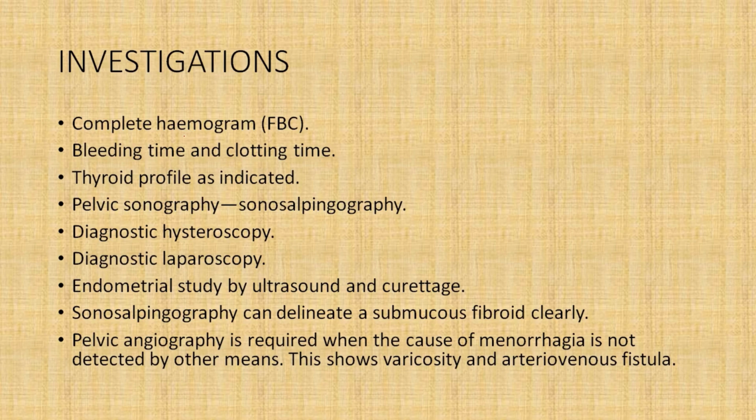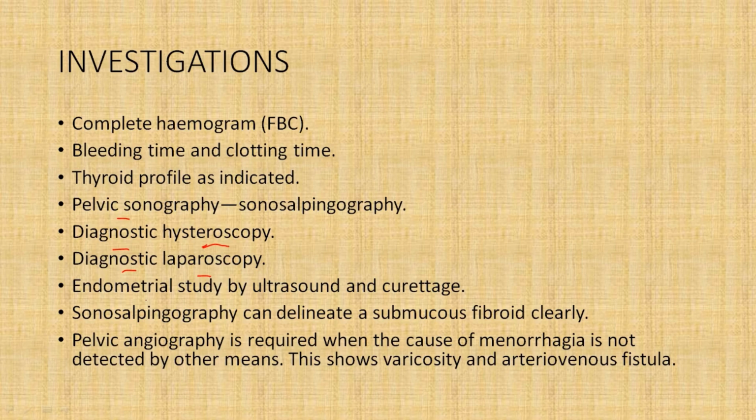You do a complete hemogram, which is also known as full blood count. You do the bleeding time and clotting time. You check the thyroid profile as indicated. You do pelvic sonography or sonosalpingography. You do diagnostic hysteroscopy. You do diagnostic laparoscopy.